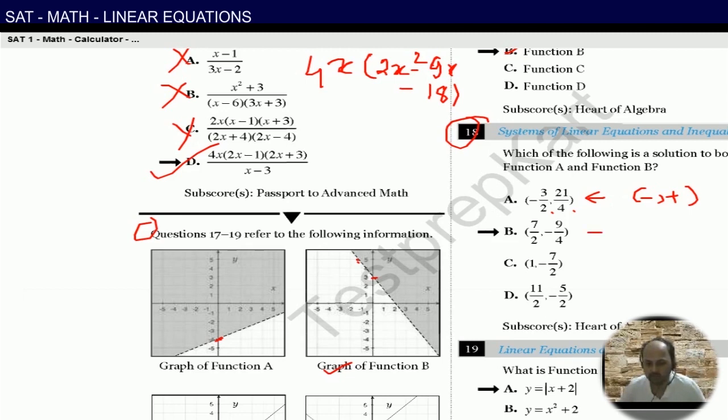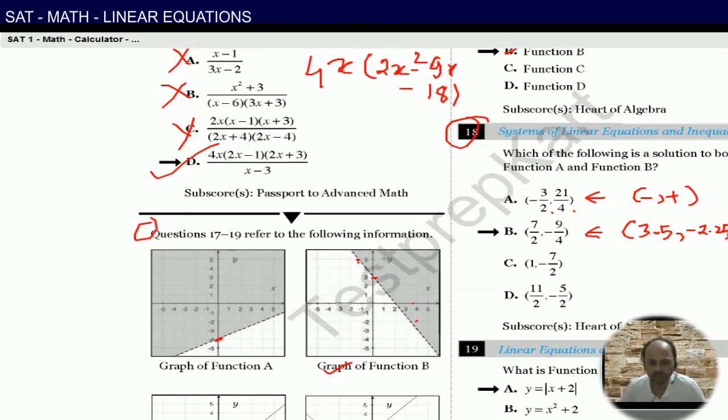Let's move to option B. So it's 3.5 and here it is -2.25. So 3.5 would be here, and -2.25 would be somewhere around here. So for function B, it matches.